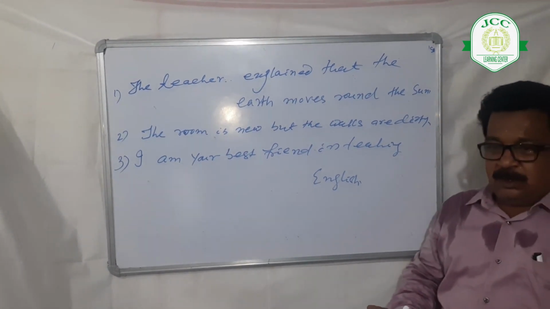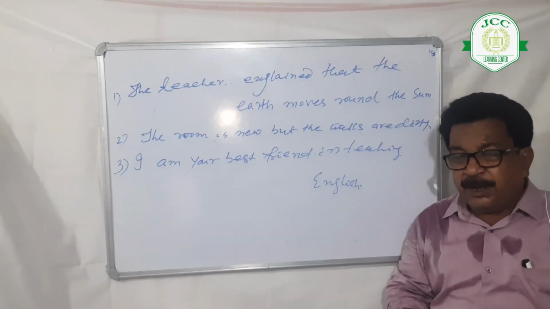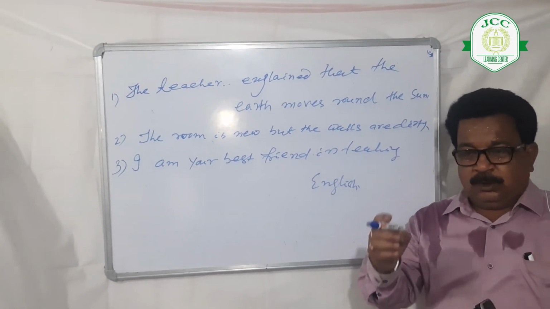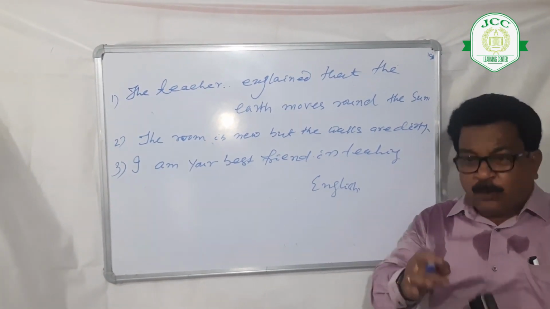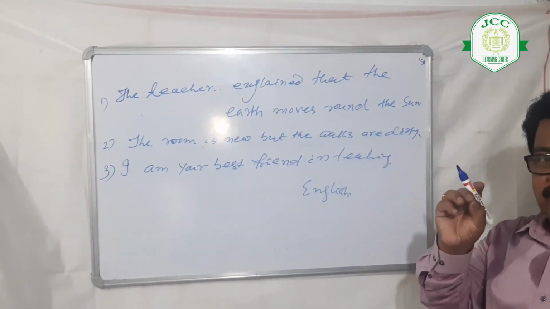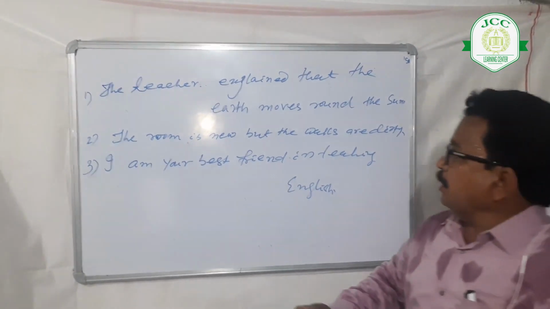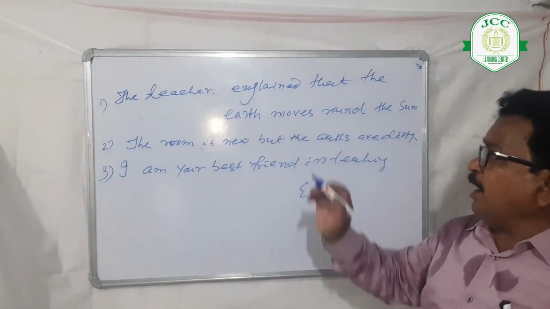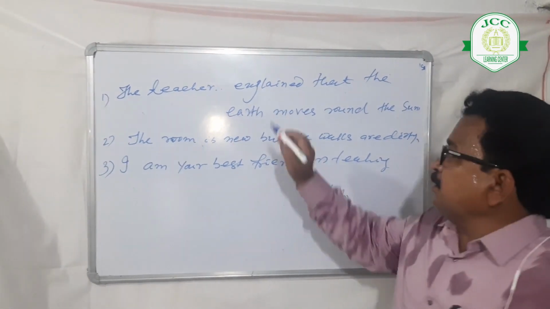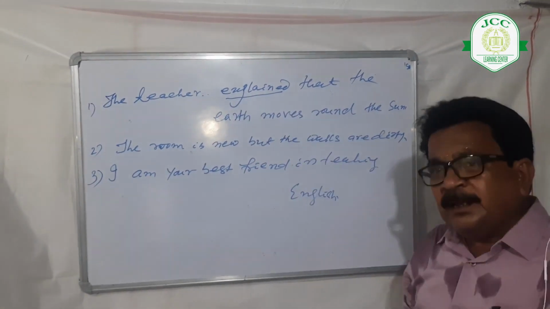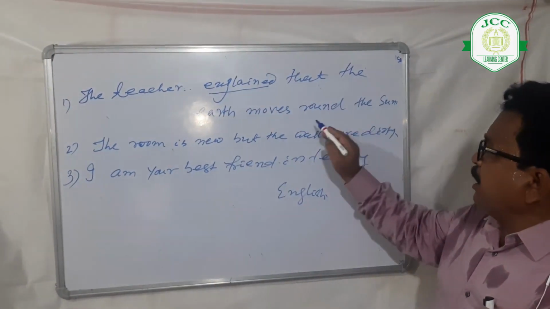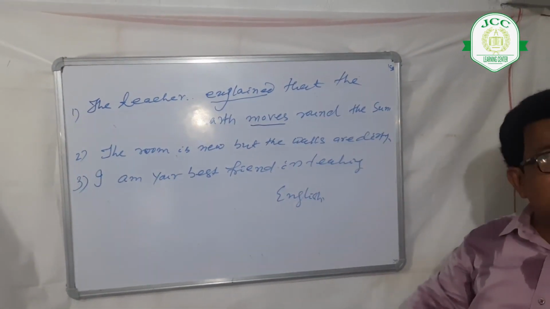First, how can we signify whether it is simple, compound, or complex? What is the first step? The first step is to sort out the finite verb. In the first sentence, which is the finite verb? Think, please. Any other? Okay, another moves.